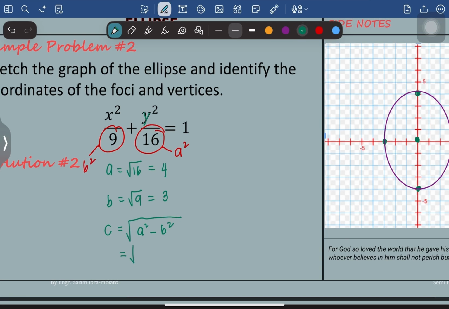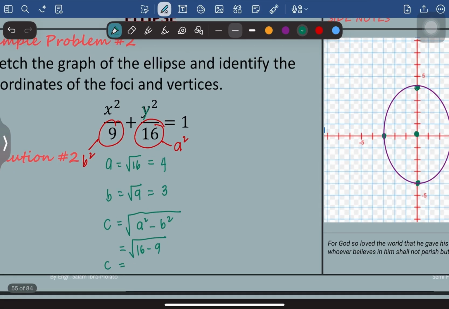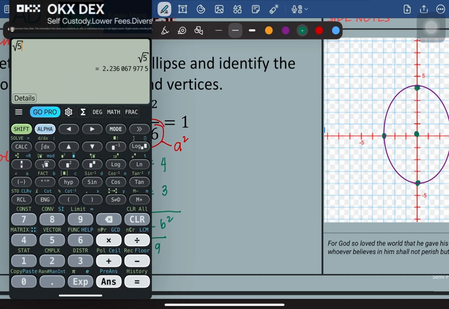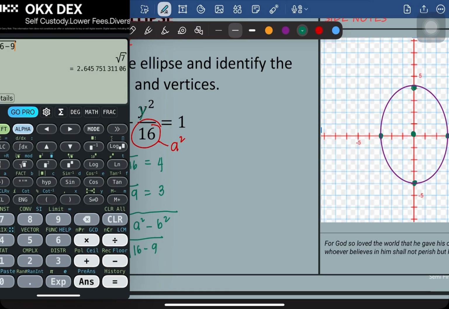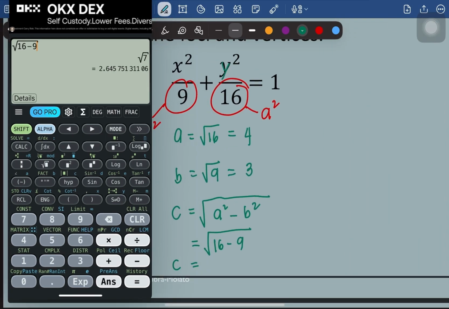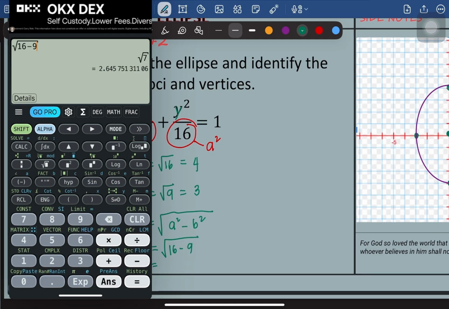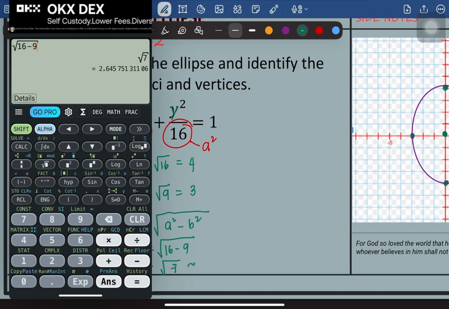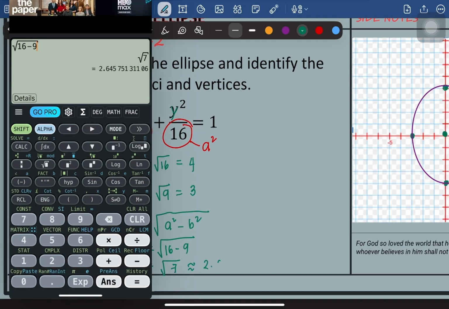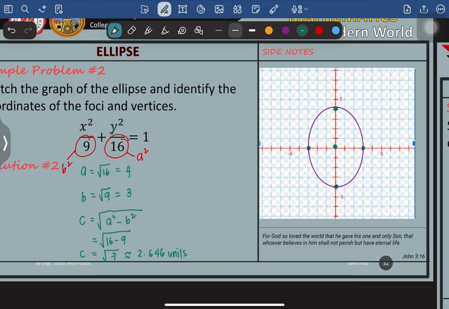So c is the square root of 16 minus 9, which is the square root of 7, or approximately equal to 2.646 units.